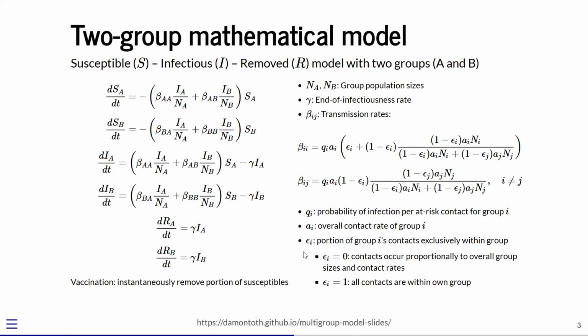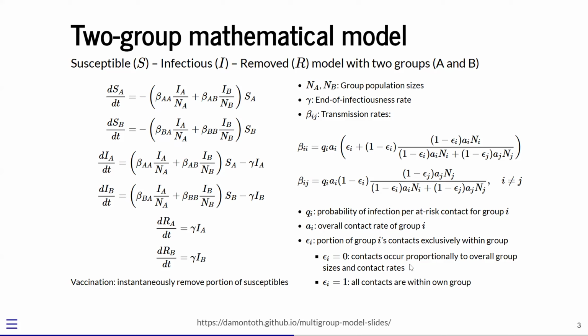And then the last one here is these epsilon parameters, which represent preferential mixing within someone's group. So the degree to which your contacts tend to be within your own group more so than you would expect on average if there was completely random mixing irrespective of groups. So epsilon goes between 0 and 1.